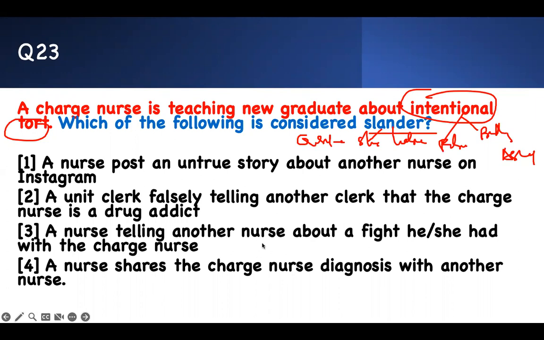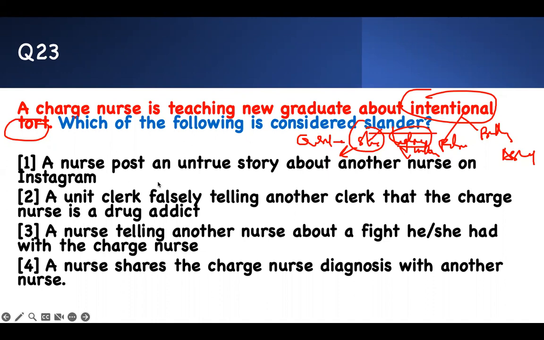Which one does that belong to? Slander, you're talking, speaking. Libel is what? Library. So in the books. So written down. Spoken, slander, S. You talk about it. So any of them that I'm talking about, I'm picking it as an answer.